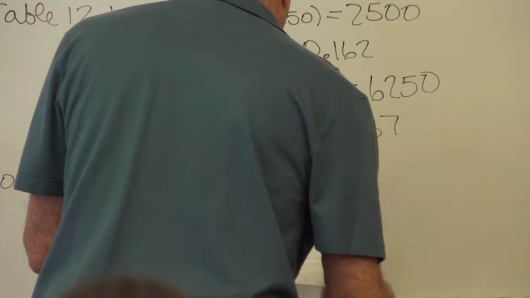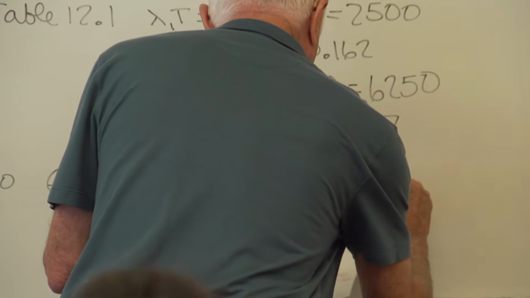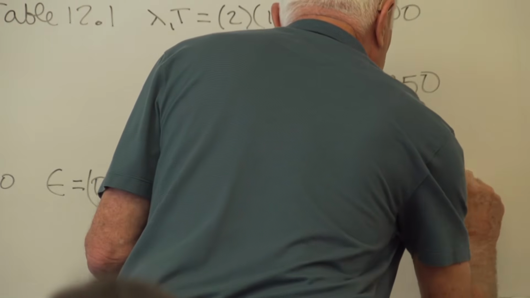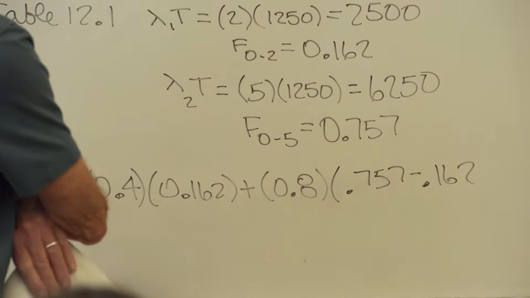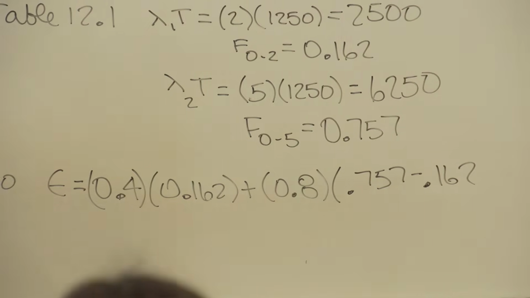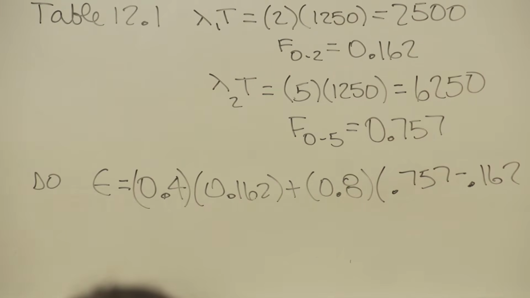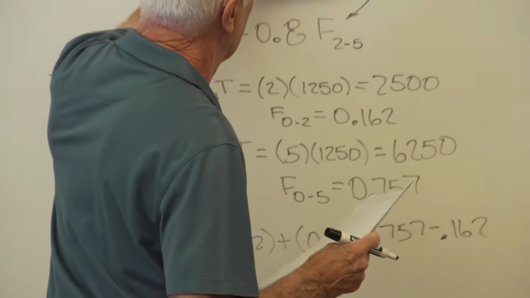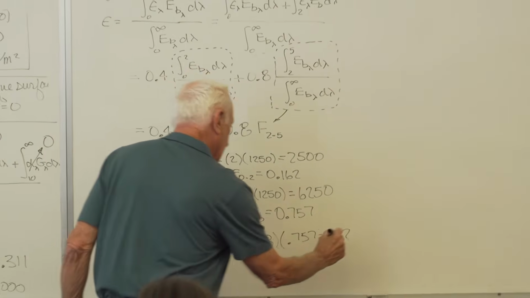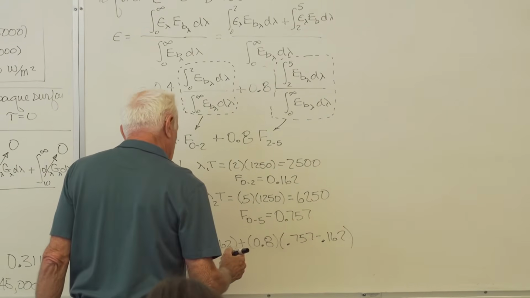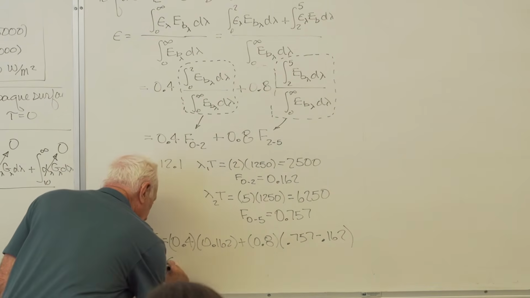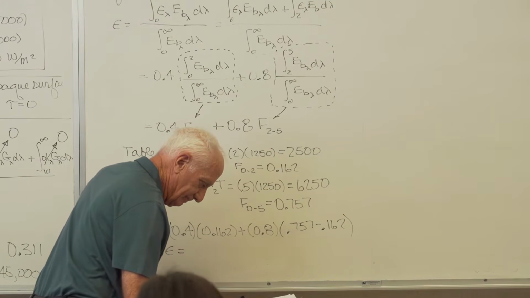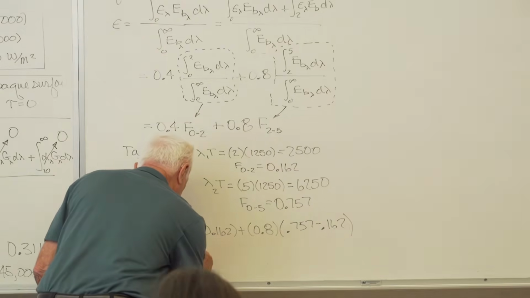Yeah, okay. 0.757 minus 0.162. You subtract, and if you do that, epsilon comes out to be 0.540.